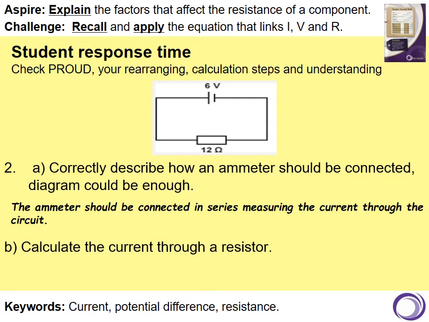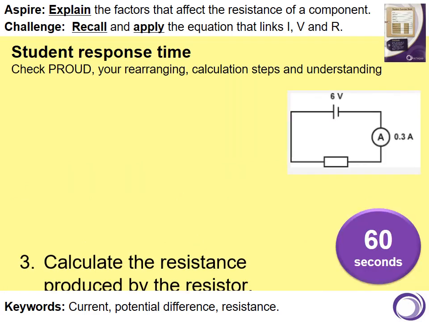We know V equals IR. We've got the voltage at 6 volts. We don't know the current, but we know that the resistance is 12 ohms. We need to rearrange that equation to make I the subject. So it's I equals V divided by R, which is 6 divided by 12, which is 0.5 amps.